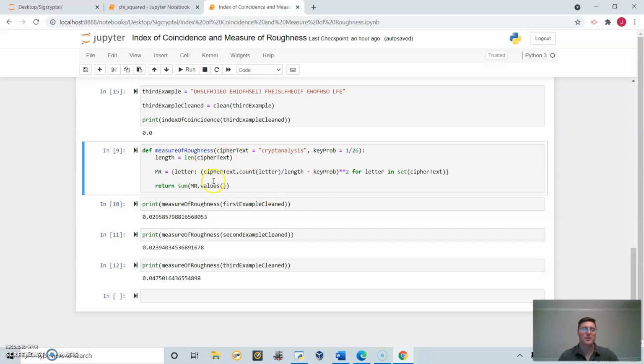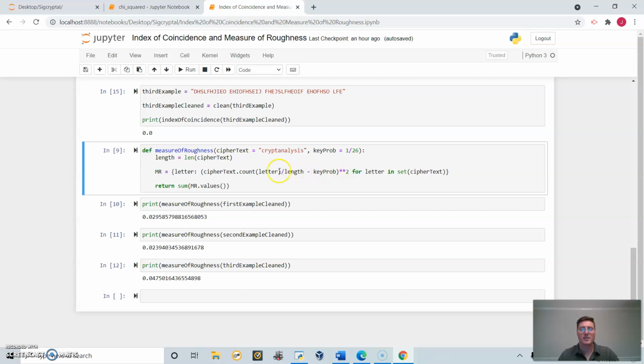In this case, we map it from letter to the MR value associated with that particular character. You can consider it the count of the letter divided by the length, minus the key probability, which was 1 over the key span, squared, to account for positives and negatives.